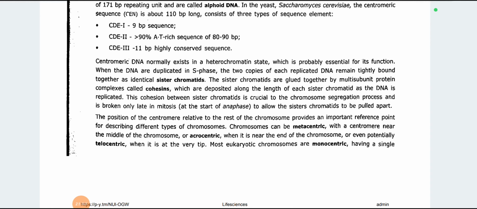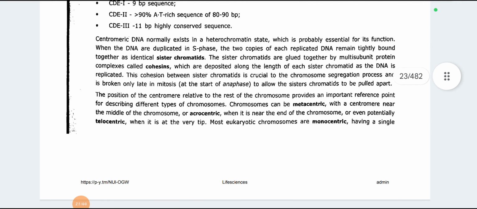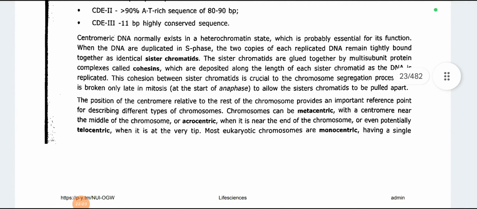And centromeric DNA exists in a heterochromatin state, which is not expressed, and being in the heterochromatic state is very essential for its function. When the DNA is duplicated in S phase, 2 copies of each replicated DNA remain tightly bound together, known as sister chromatids. So try to understand the duplication in the S phase.